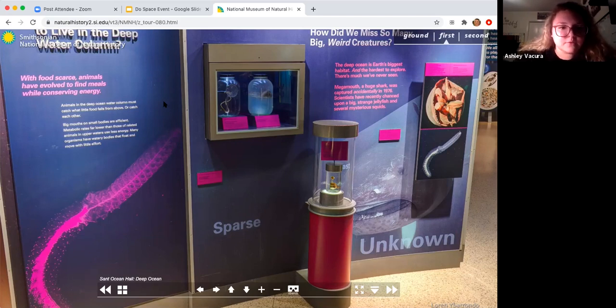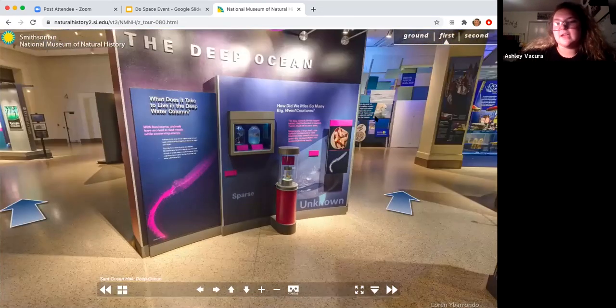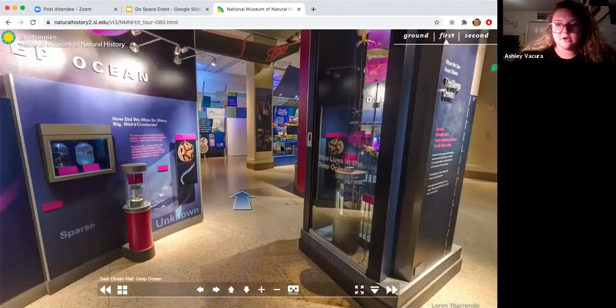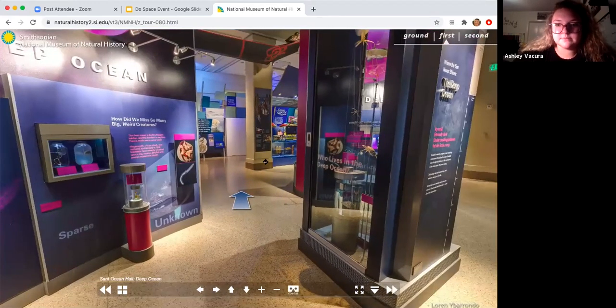Many organisms have watery bodies that float and move with little effort. So because they're not getting a lot of food, they can't use up a lot of energy. Just like us, we can't go run a mile if we haven't eaten anything all day long because we don't have that food to give us the energy needed to go that long distance and go really hard.